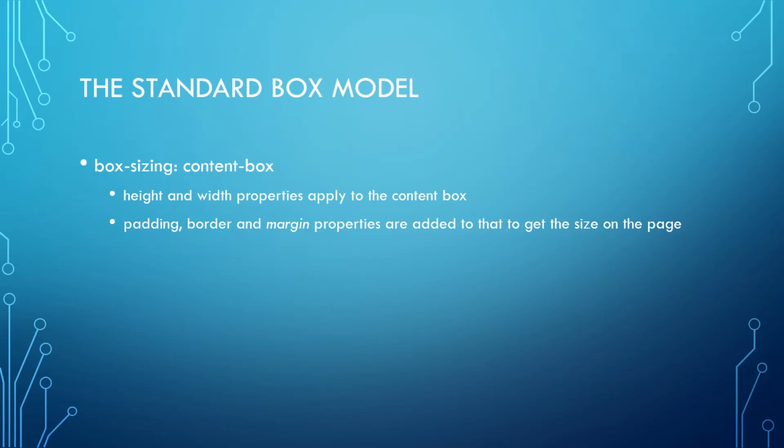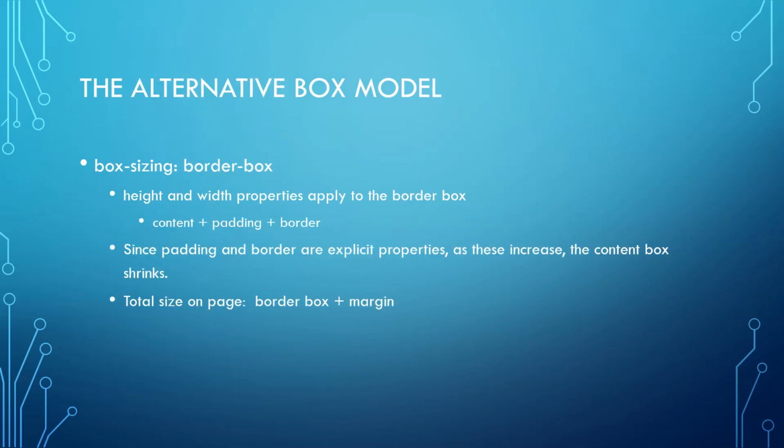I put margin in italics here because it's not really part of the element. It's considered outside of the element, but it still functions to push content away. We didn't express this in the CSS we showed before because this is the default setting for box-sizing, the content box.